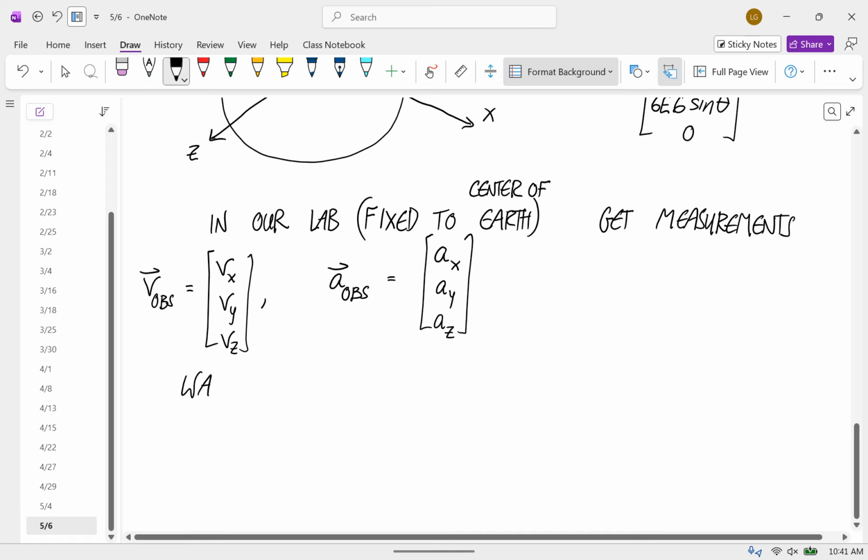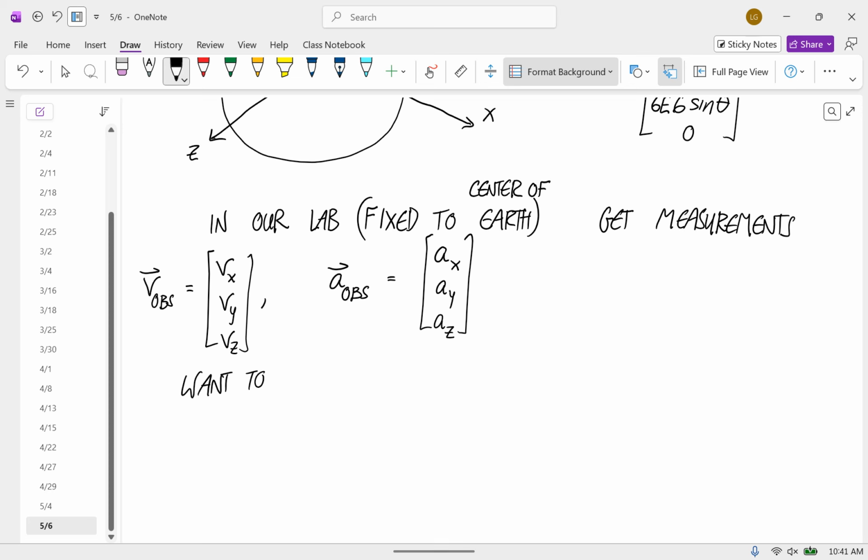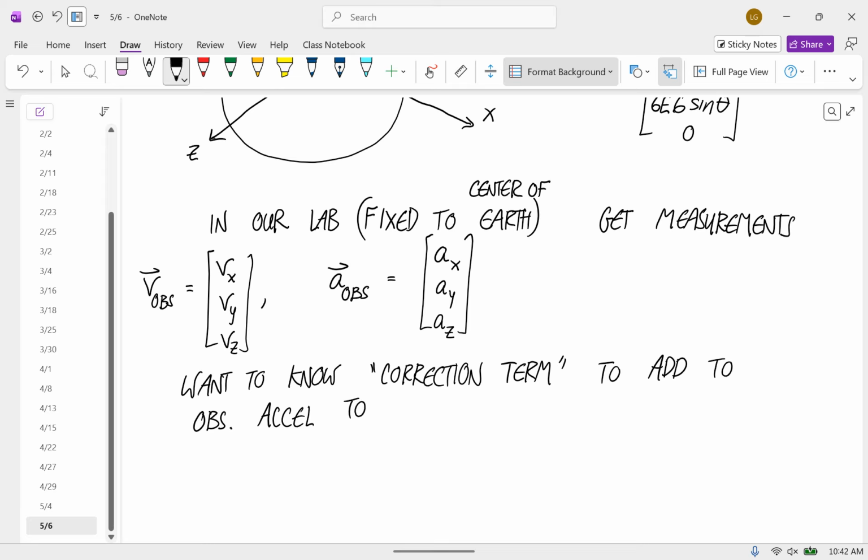And we want to know, you can think of it as like a correction term to add to the measured acceleration, the observed acceleration, to get the true acceleration.